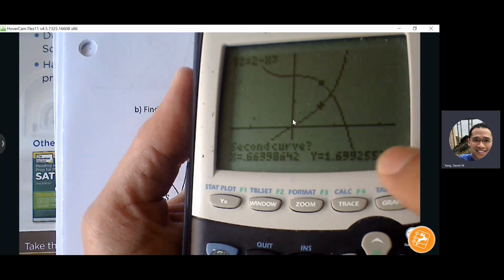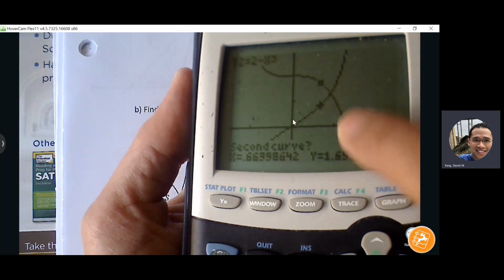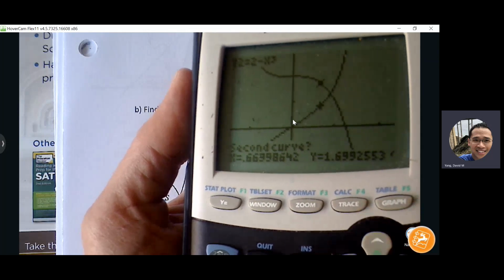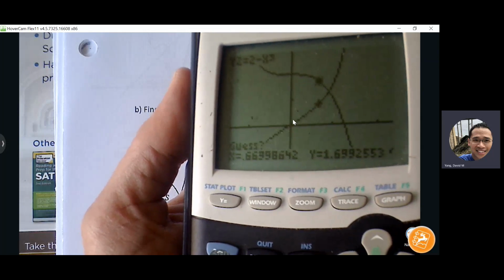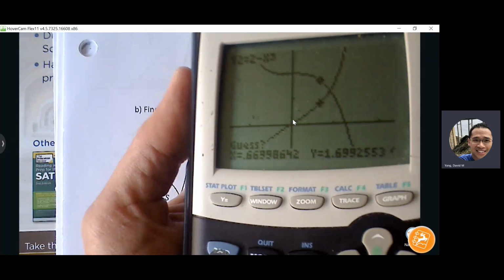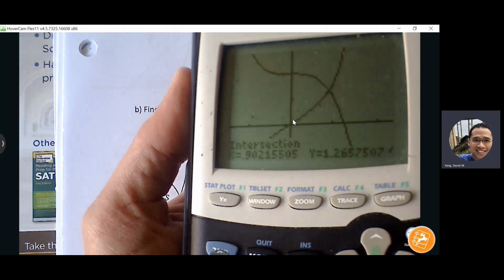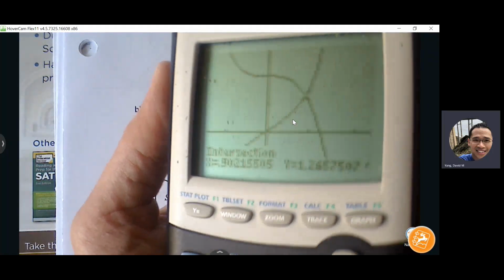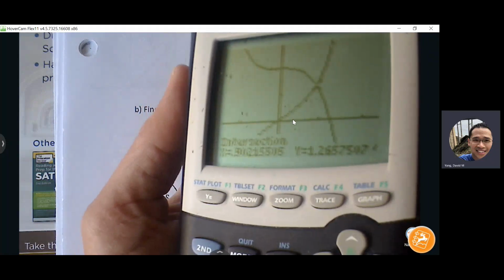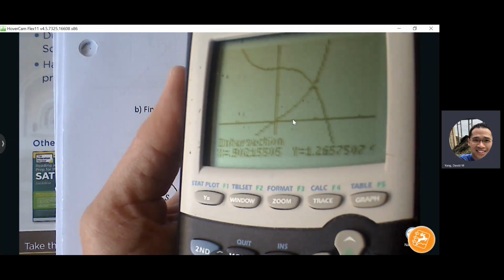And then second curve, you're going to go to and the cursor should jump to the other curve. If it doesn't, you can just toggle up and down, hit enter again. And now the calculator is going to find the intersection for you. So you see the word guess question mark, hit enter again. It's going to get that intersection for you. So write that order pair down on your paper, 0.902 and 1.265.